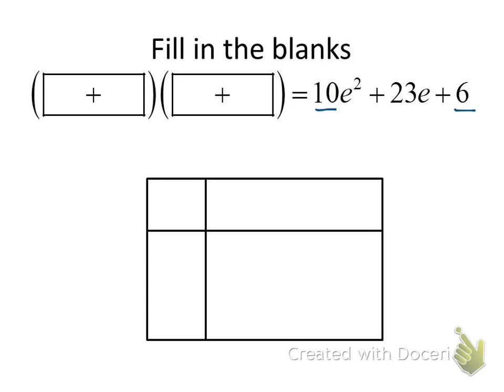On your note sheet, you're going to put your M. M equals, my first coefficient is 10, and we're going to multiply it by our third coefficient, which is 6. So 10 times 6 is 60.